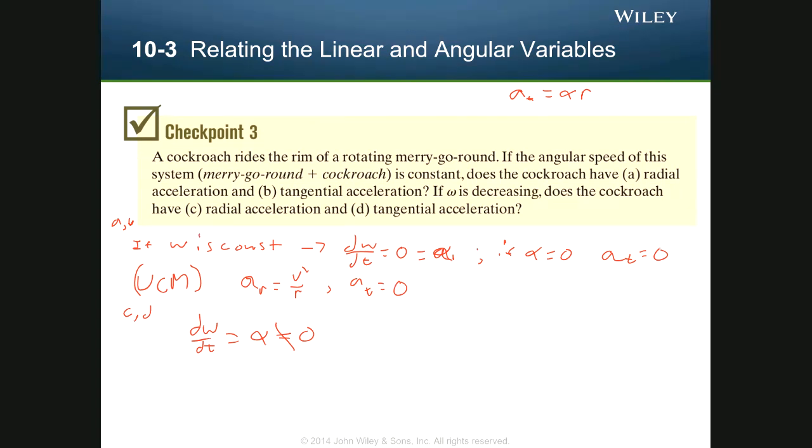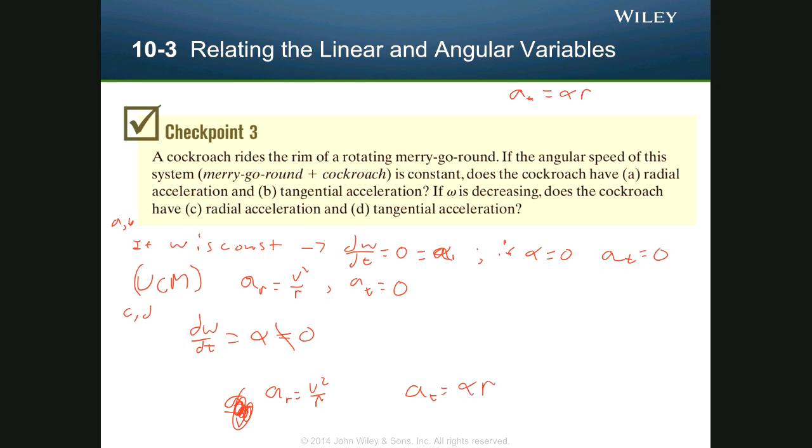Well, you should be able to see that you're still going to have an a_r, right? But now you're not in uniform circular motion anymore, because a_t will now equal alpha r.